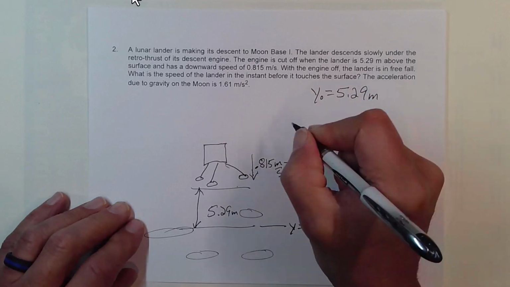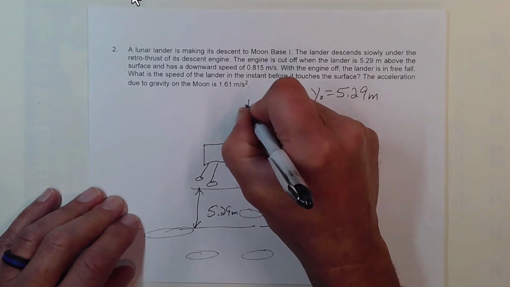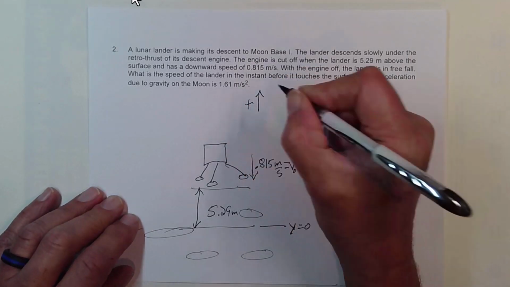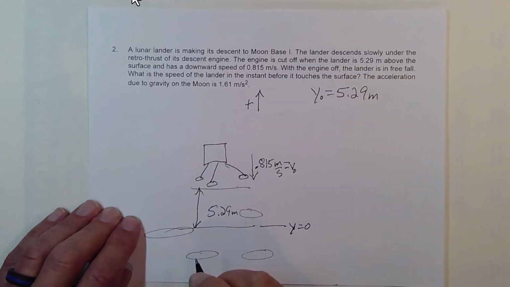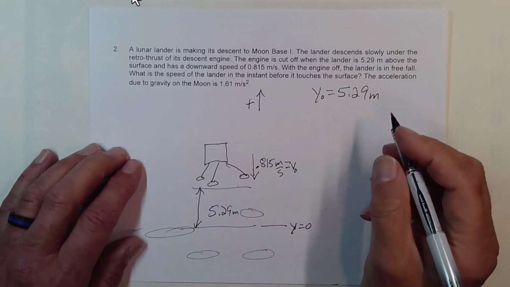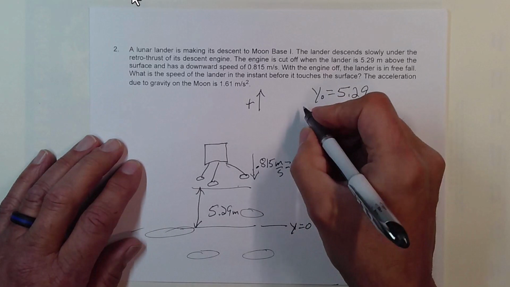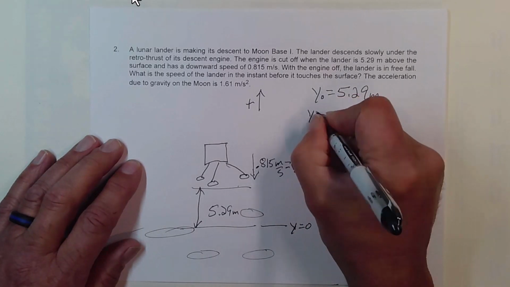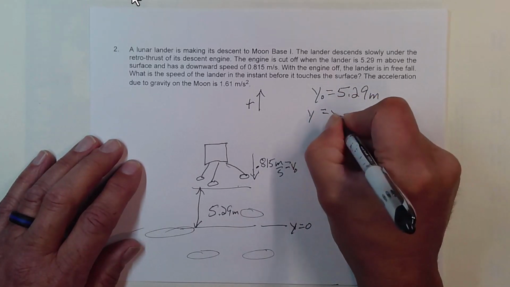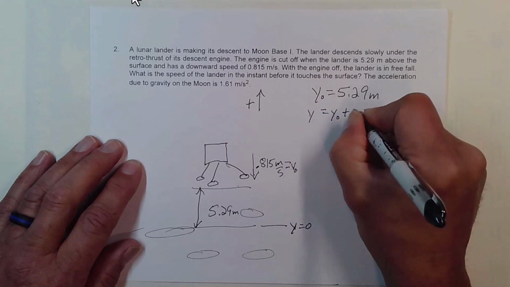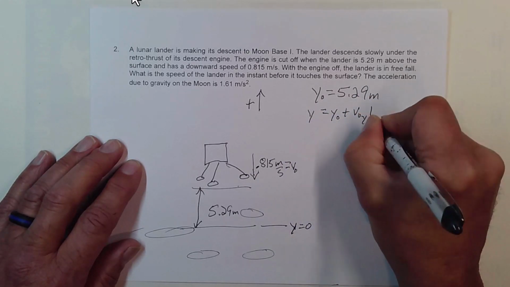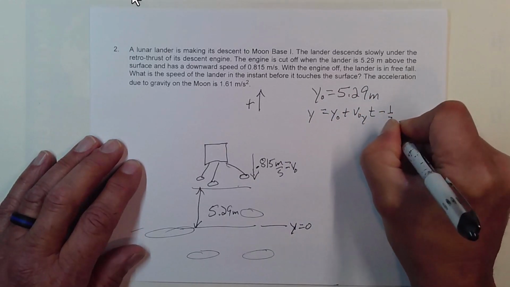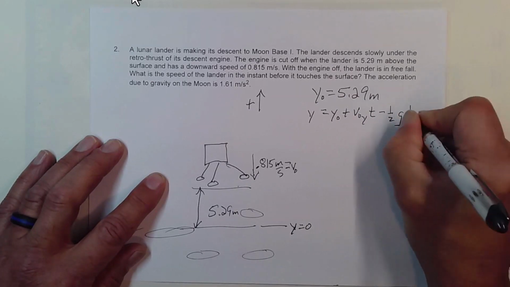And I'm going to let up be positive on this problem. Okay, so positive is upward. In that case, our equations look like y equals y naught plus v naught y t minus 1/2 g t squared.